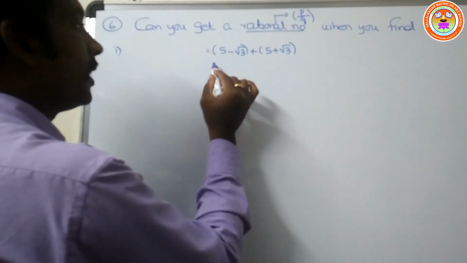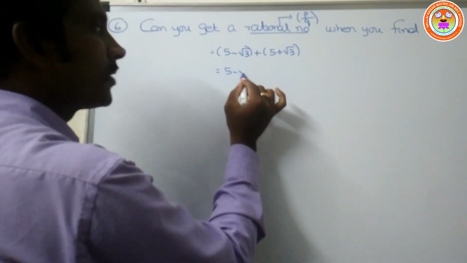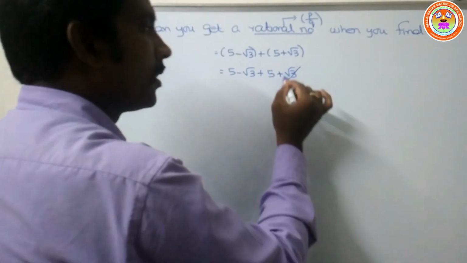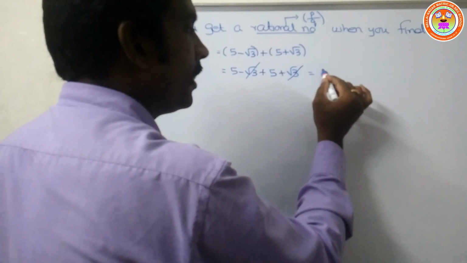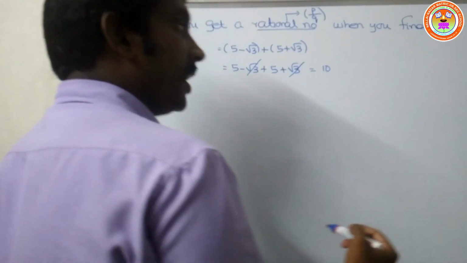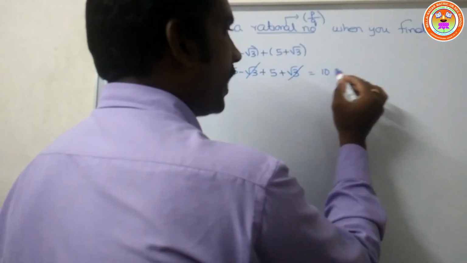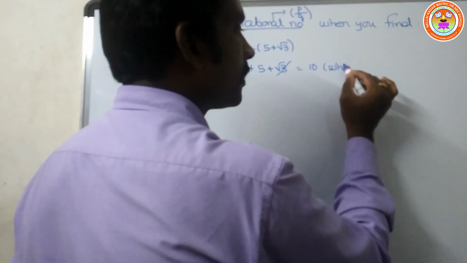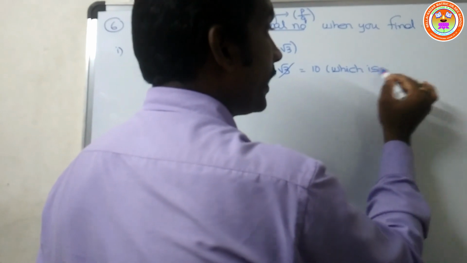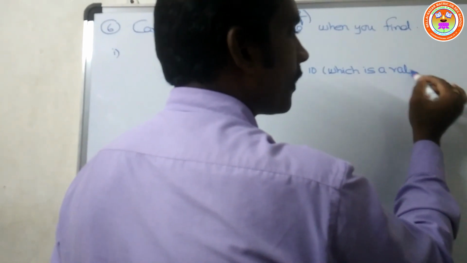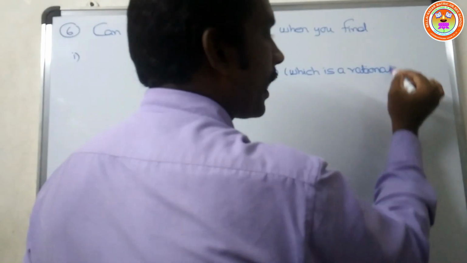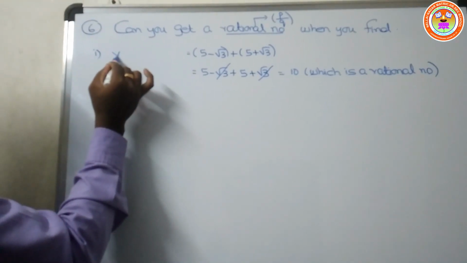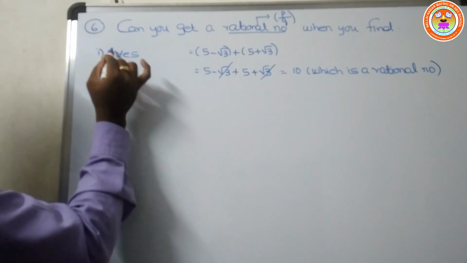Now equal to 5 minus root 3 plus 5 plus root 3. Root 3 cancels, 5 plus 5 is 10. No surd, the denominator is 1, which is a rational number. So the answer is yes.